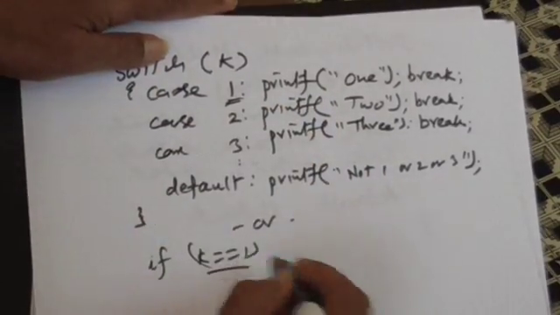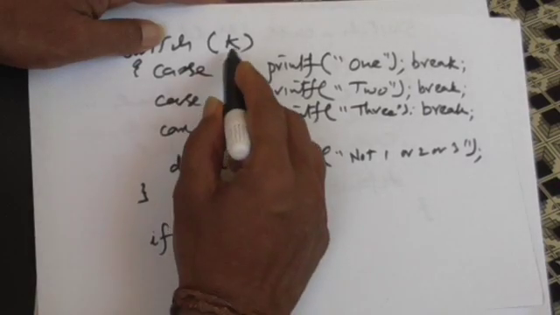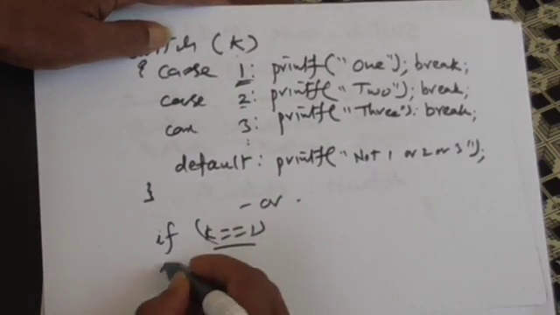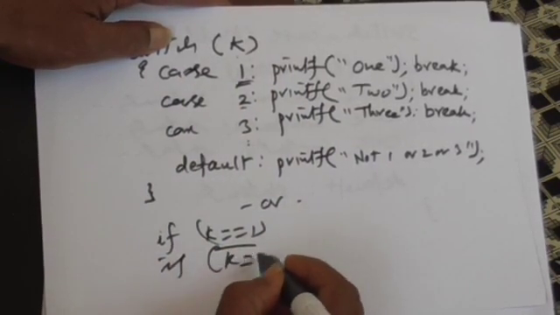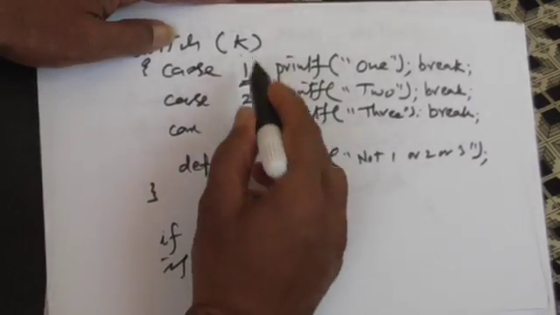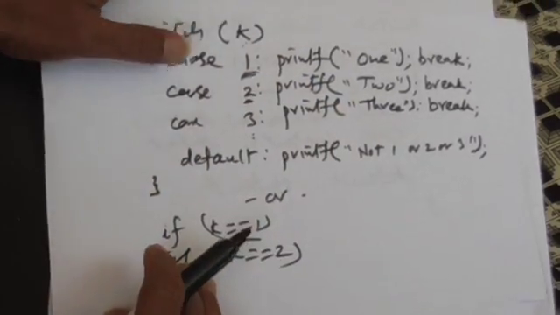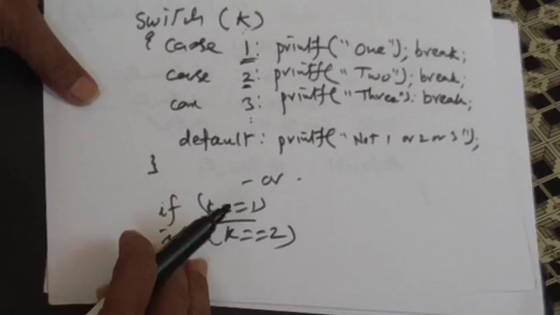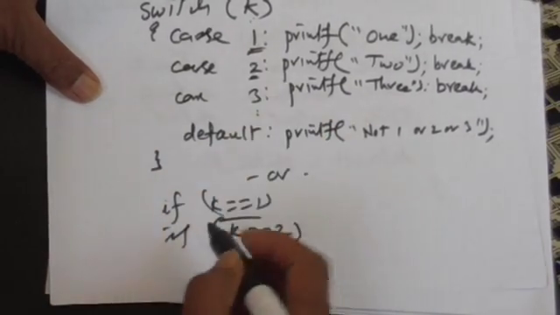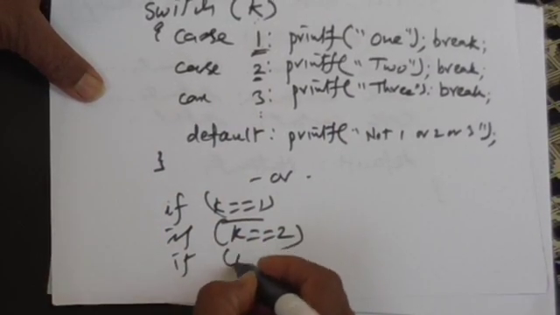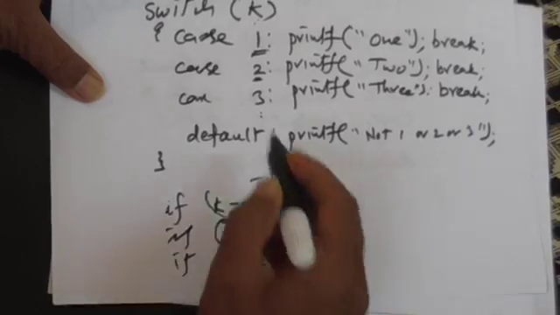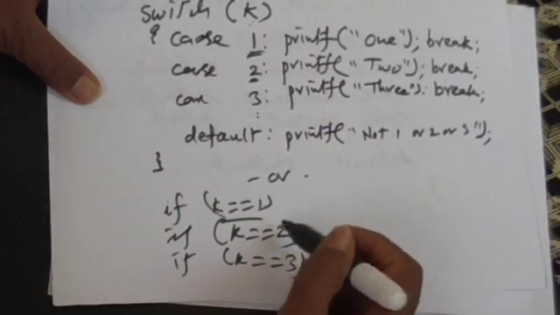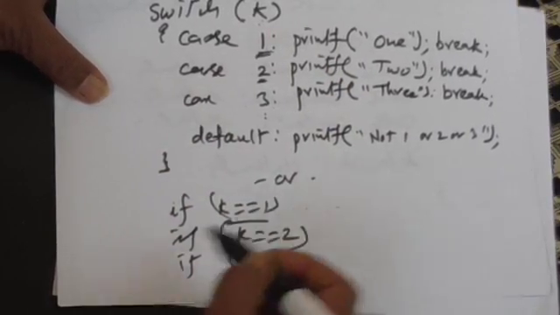This is equivalent to writing like this. And writing case 2 is like writing if k is 2. These two, you are comparing. And then, if it is not this, you are writing that if k is 3, then what you should do. So these are all the activities.